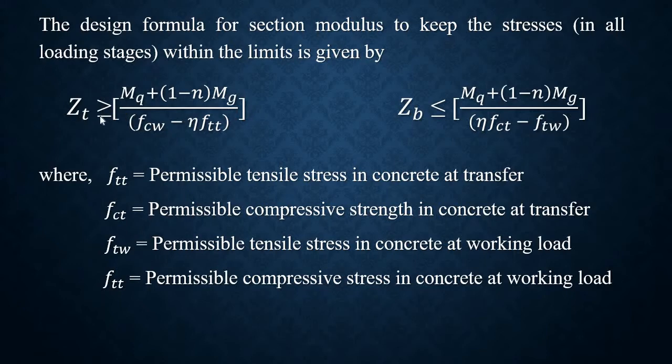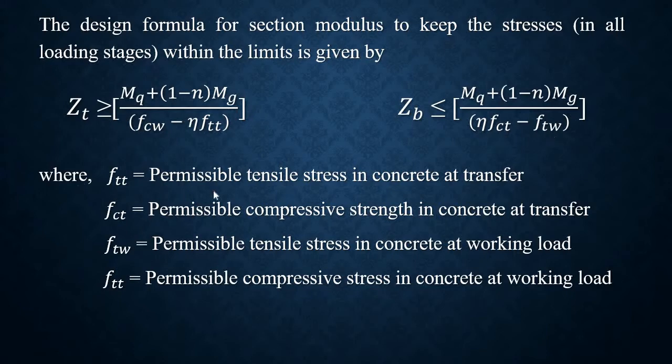ZT is greater than or equal to (MQ plus (1 minus eta) MG) divided by (FCW minus eta FTT). ZB should be greater than or equal to (MQ plus (1 minus eta) MG) divided by (eta FCT minus FTW).